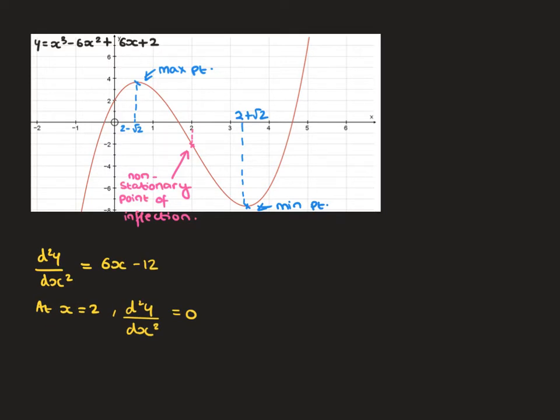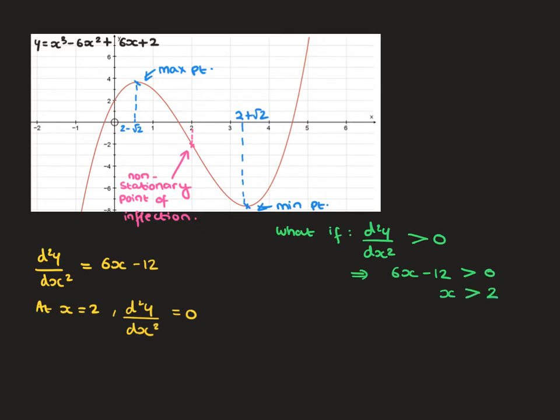But what happens when the second derivative is greater than 0? Well, this would give us a very simple linear inequality. 6x minus 12 is greater than 0, and x is greater than 2.